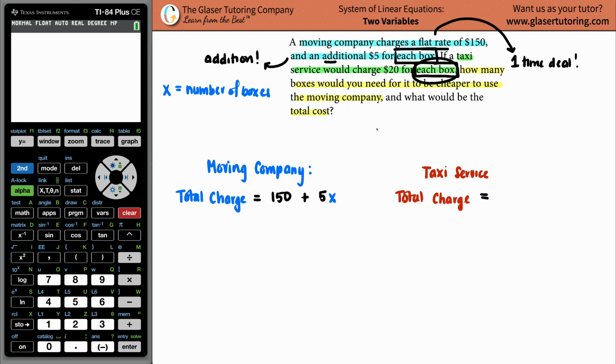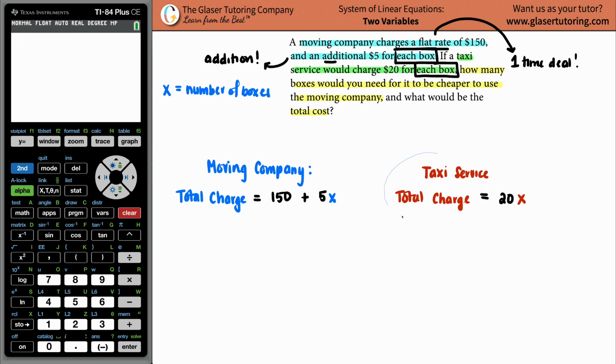Well, if you have 1 box to move, that's going to be 1 times 20. 2 boxes, you're now banged out for $40, right? Because 2 boxes times 20 is $40. So if you have to move 3 boxes, 3 times 20 is $60. So we will write that by saying 20 times x. No other charge for the taxi service. The taxi service is just going to charge you $20 per box.